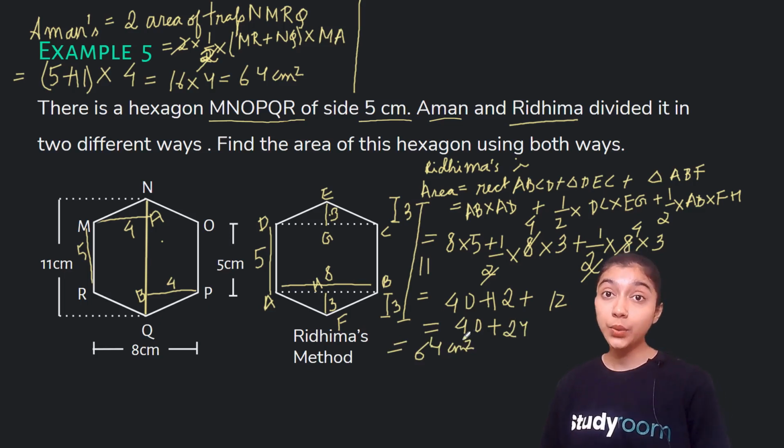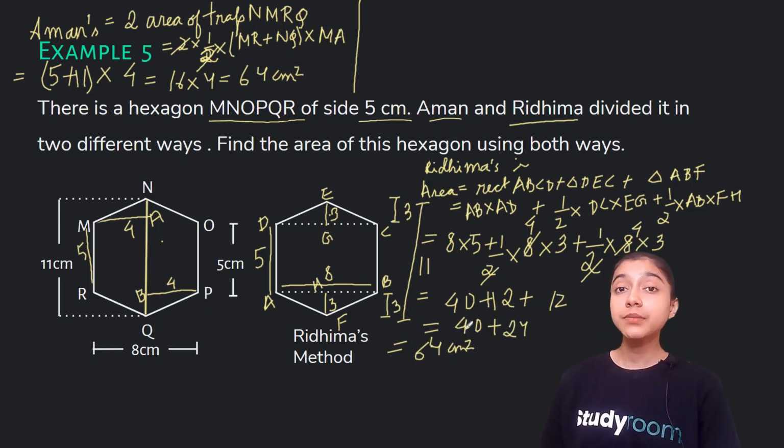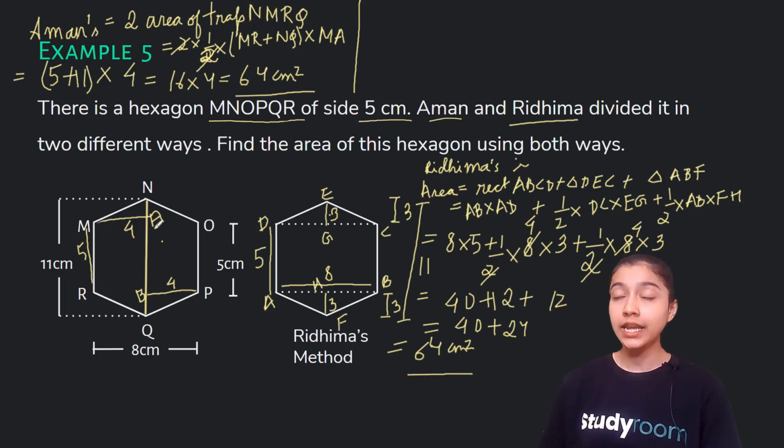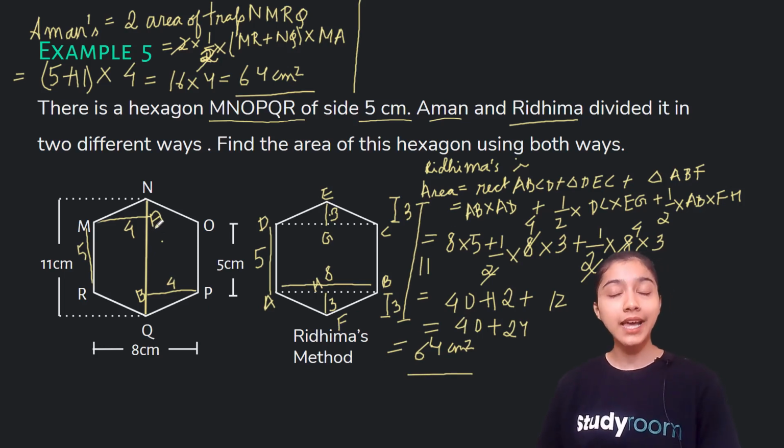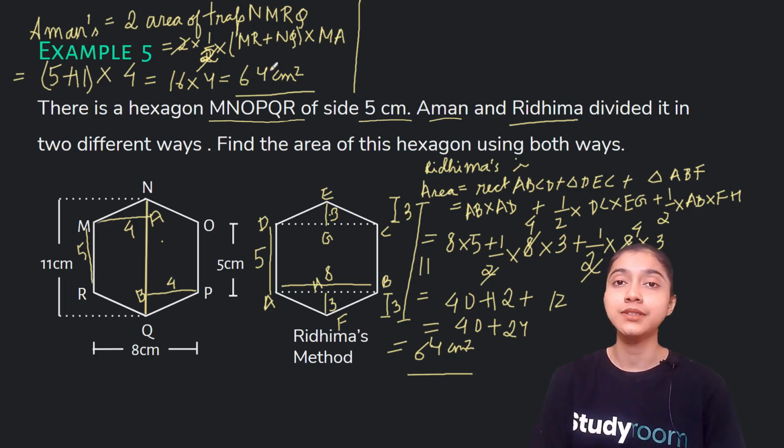So from here we can conclude that Aman and Riddhima both tried different approaches, but ultimately they got the same area, that is equal to 64 centimeters square. So whatever approach you try, your approach should be proper and the answer of the area will always be the same.